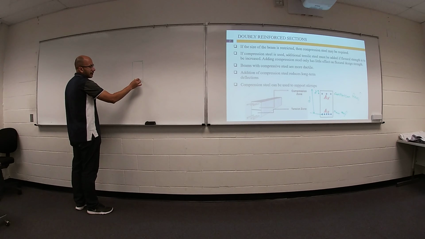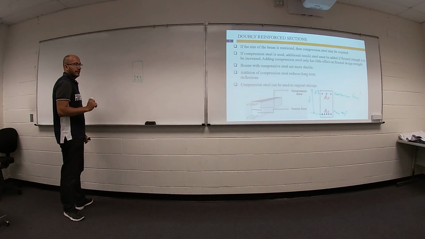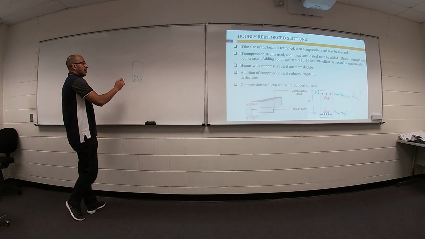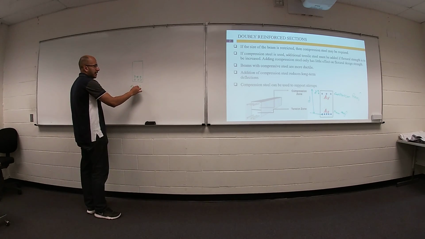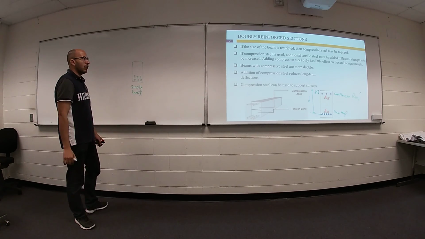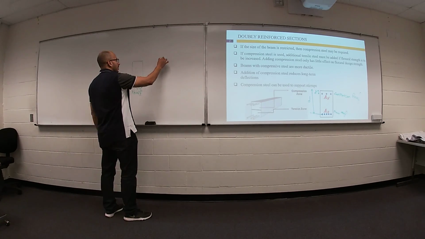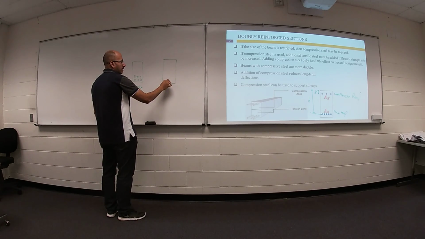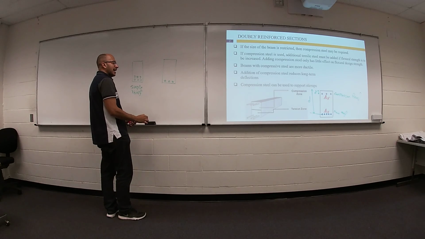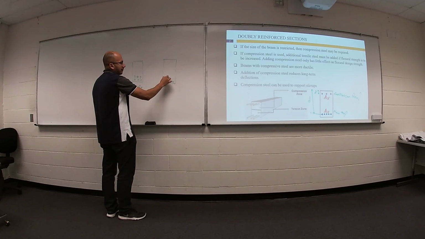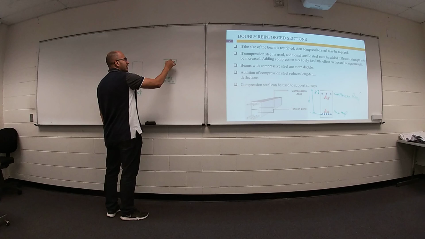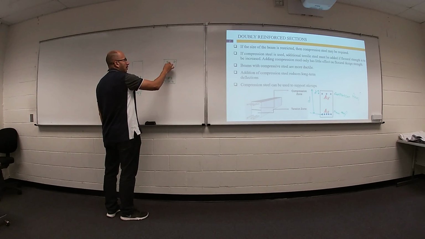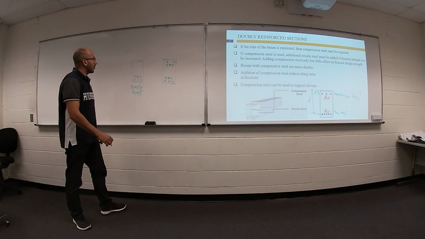You add here 3 number 9 bar. Single reinforcement: we have only reinforcement on one side. What will happen if you keep your reinforcement at the bottom the same and you add additional reinforcement, number 9, at the top?